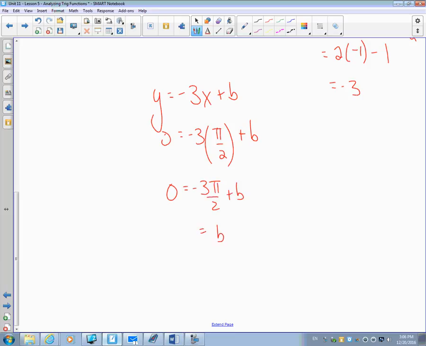Or in other words, b is 3 pi over 2. And so our equation for this tangent at this specific point is y equals negative 3x plus 3 pi over 2. In much the same way we would deal with e's and exponential functions, we'll try and keep things exact as much as possible with trigonometric functions to avoid those never-ending decimals.